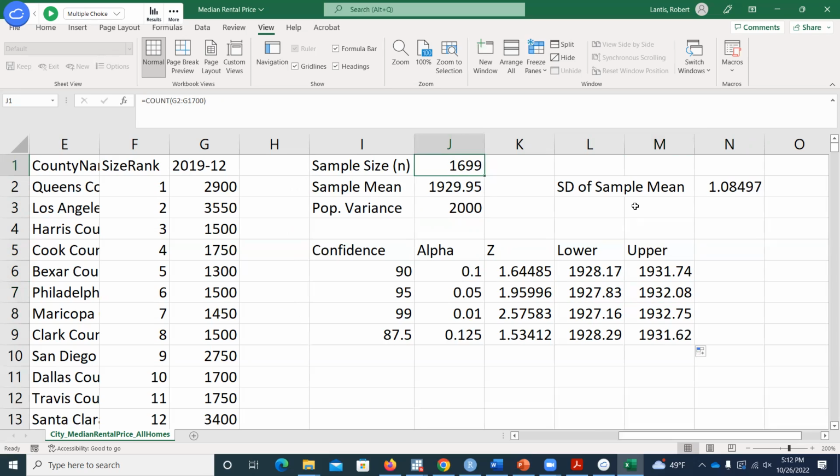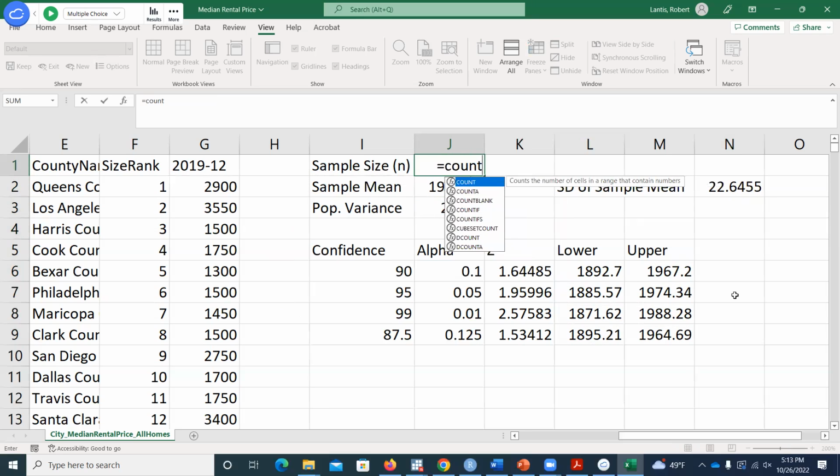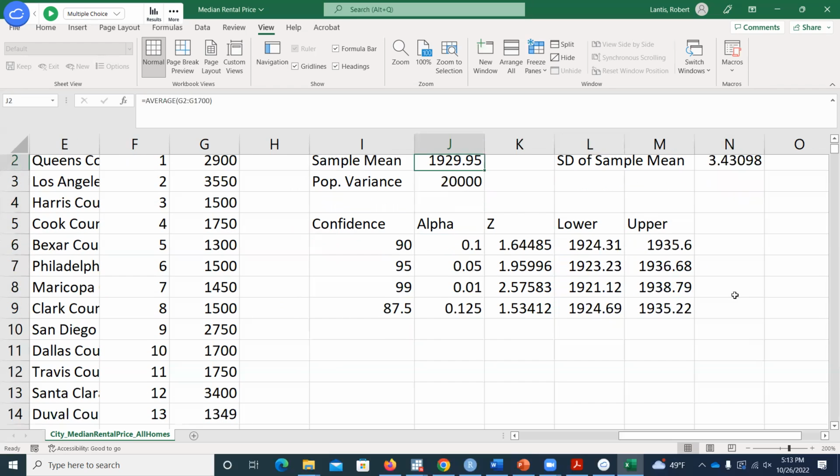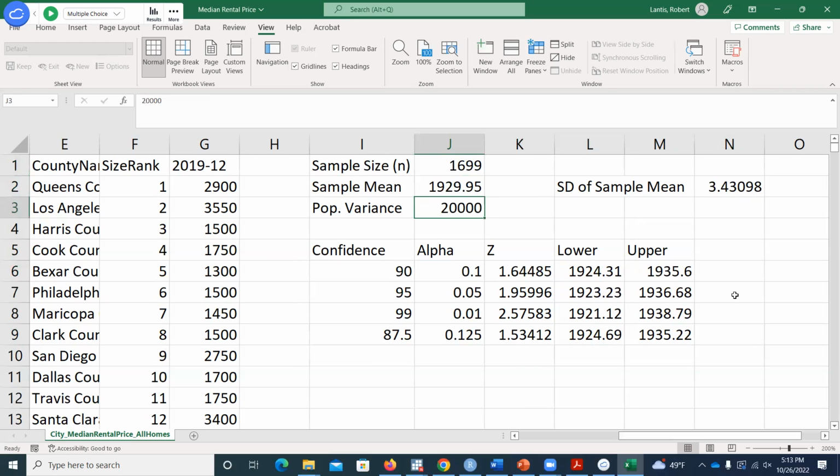Now, notice if I only had 39 observations instead, it didn't blow up that much, but I'm now getting values in a range of 30 or 40. And if I had higher variance here, so maybe let's say instead of 2,000, this was 20,000 as my population variance. Well, now I'm getting even wider. Right. So having that higher sample size using that count function allowed me to get these pretty narrow confidence intervals. Okay.